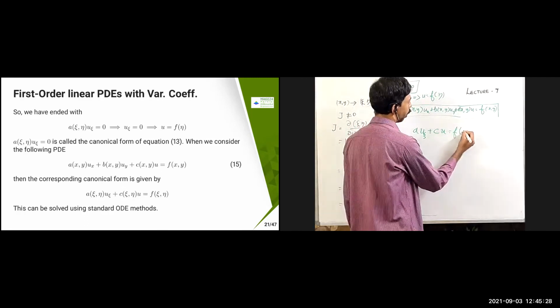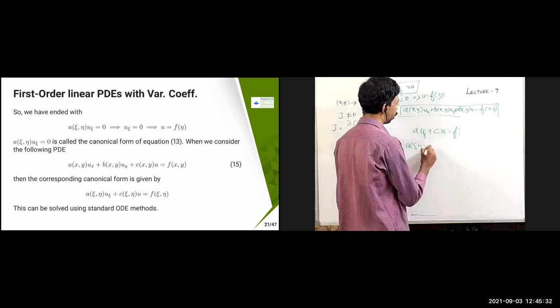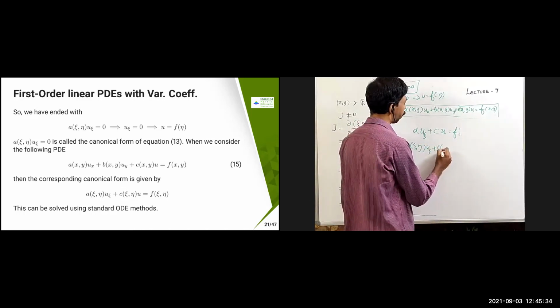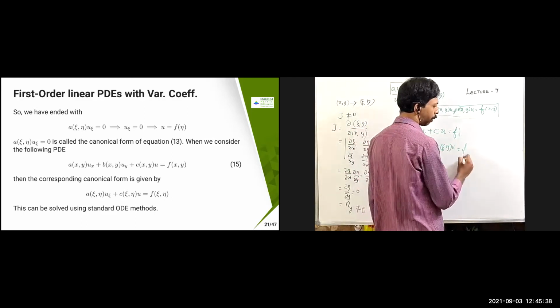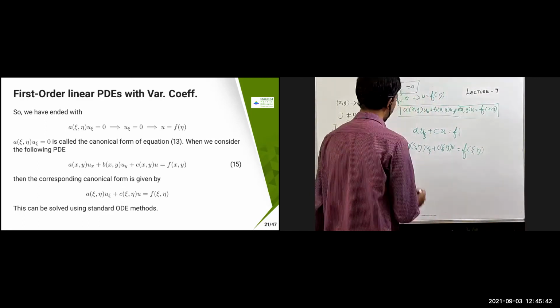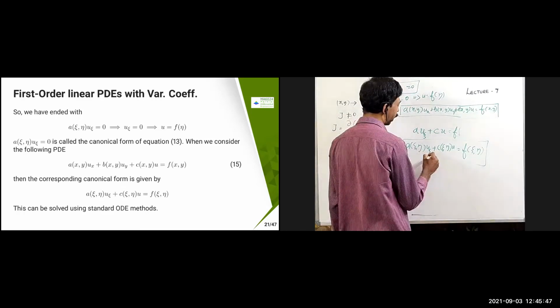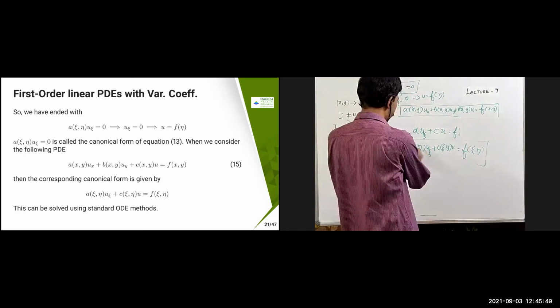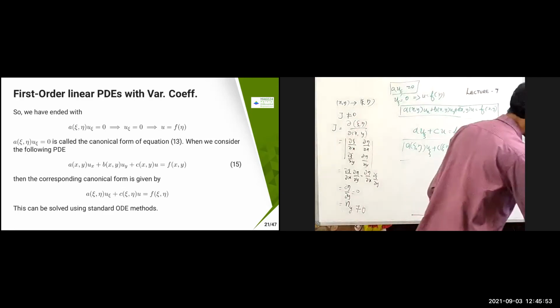That means a(chi,eta) u_chi plus c(chi,eta) u equal to f(chi,eta). Again this is an ODE problem because only chi is the variable here. The remaining things are just functions, so you can solve it as you did in the exercise problems.